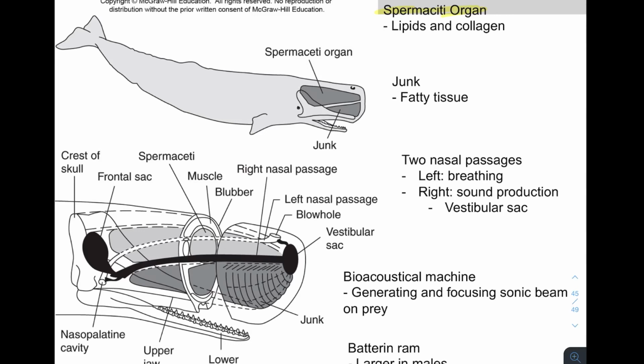And this spermaceti has been kind of mysterious for a while regarding what its purpose is.